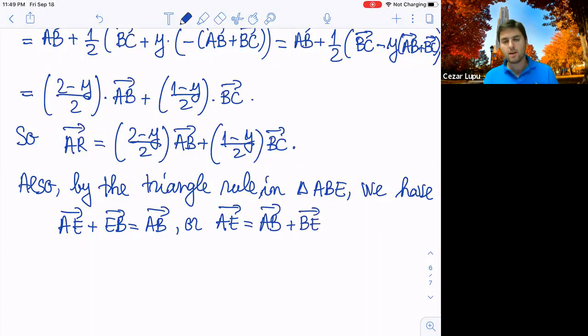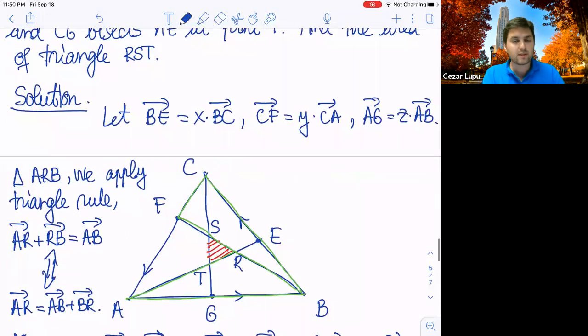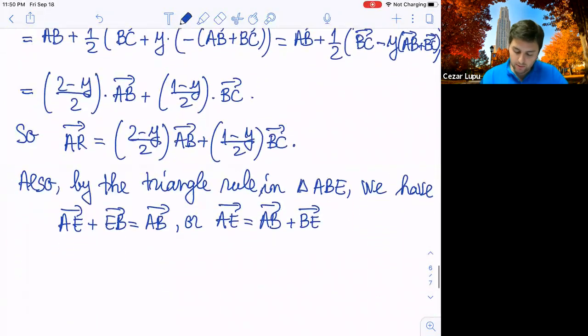All right, great. But BE vector is, let me go back again, BE vector is X times BC vector, if you look, right, at the beginning. So this will be equal to AB vector plus X times BC vector. Okay, we have this.